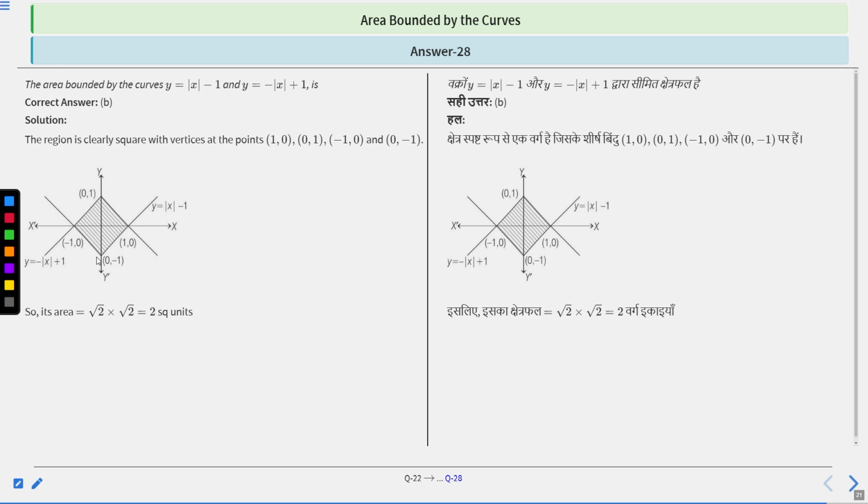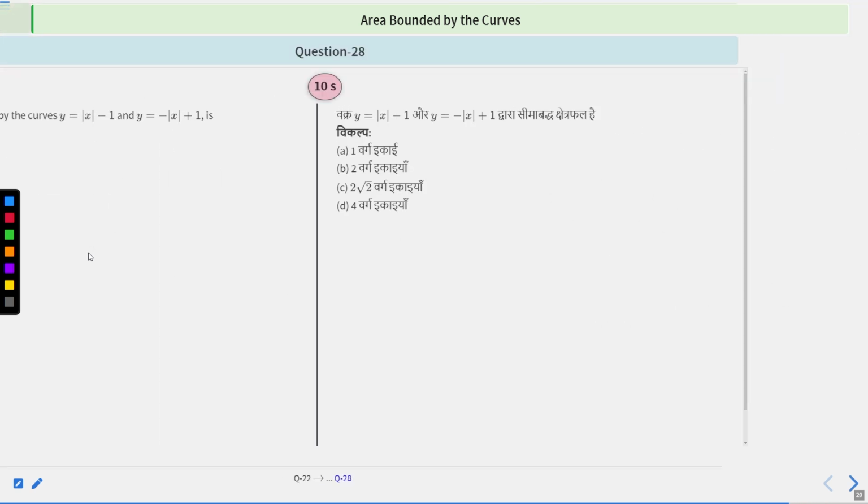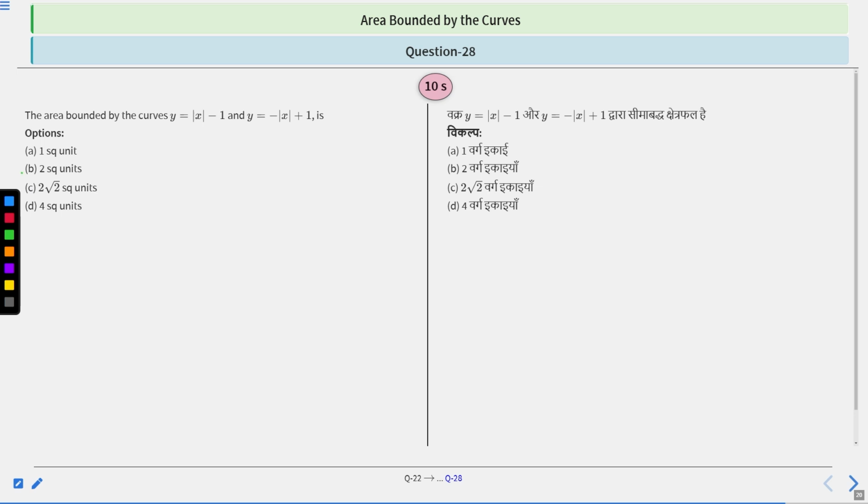Each side is root 2, because one leg is 1 unit and the other is 1 unit. So it is the area of a square having side root 2. Therefore, its area is root 2 into root 2, that is 2 square unit, right? Therefore, option B is the right choice. Got it?